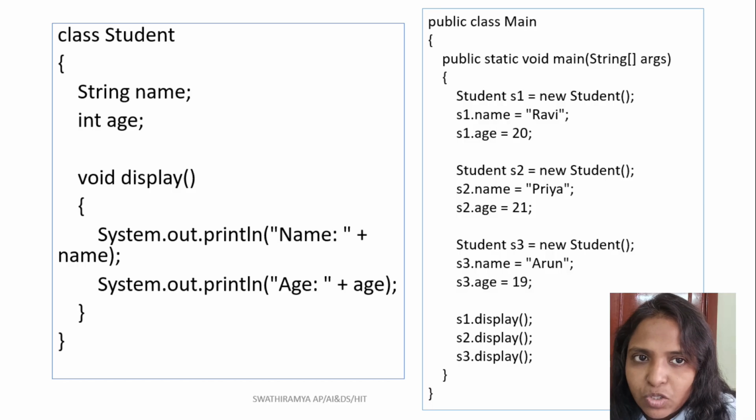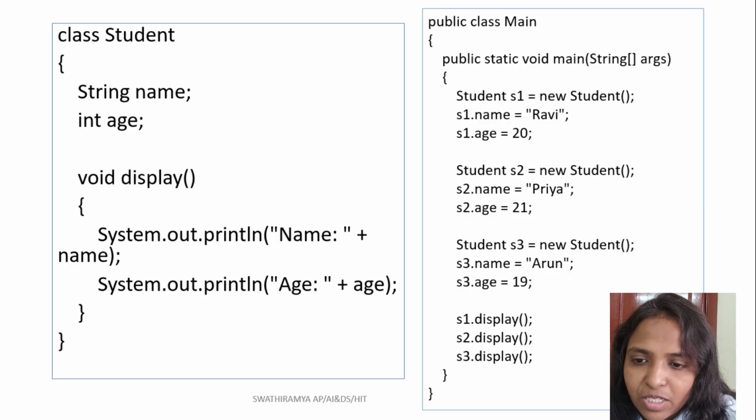With this first object declaration, I am going to assign the values: s1 dot name is equal to Ravi, s1 dot age is equal to 20. I have created one object s1 here and assigned the values using that object. The second thing I have done is student s2. S2 is the second object I have created for the same class student.